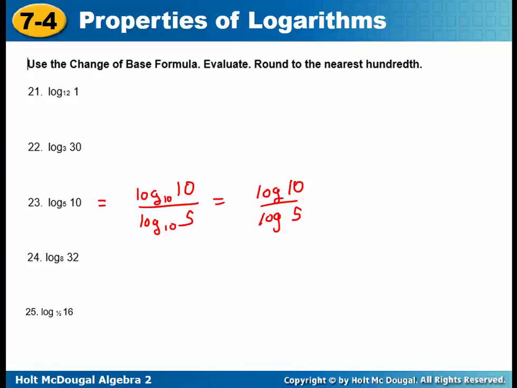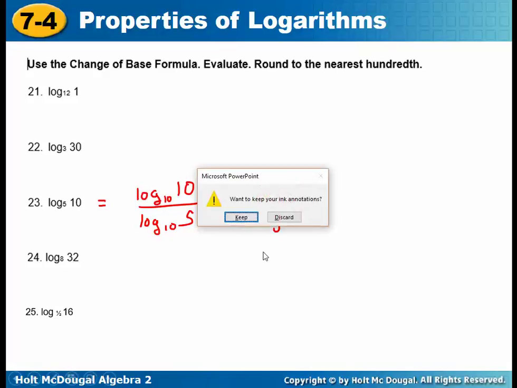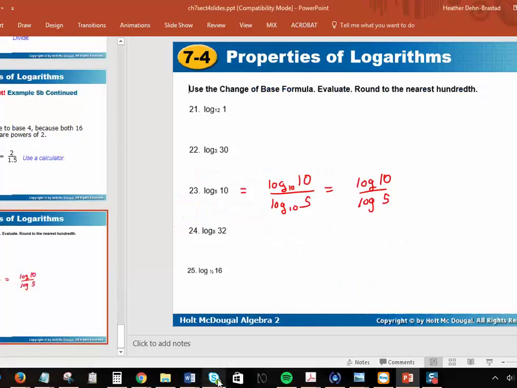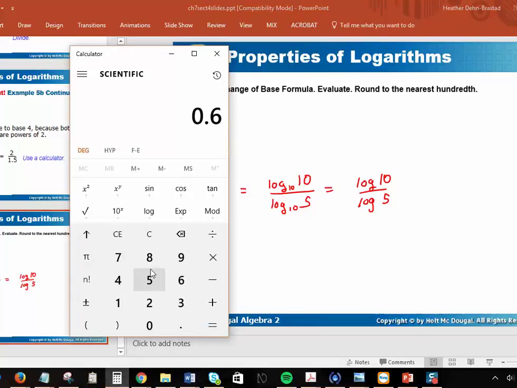And then you can get your calculator out and figure out what the log of 10 is. Again, on mine I have to type in the 10. You might have guessed what it was. It's 1. Divided by log of 5. Put my parentheses.